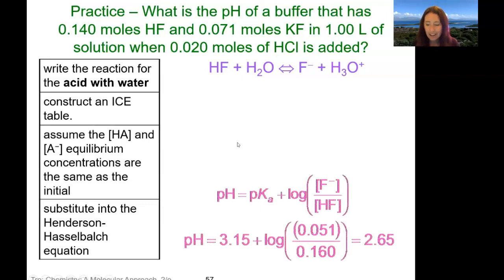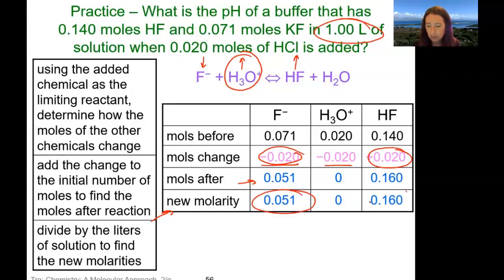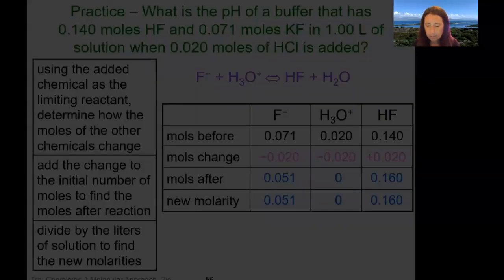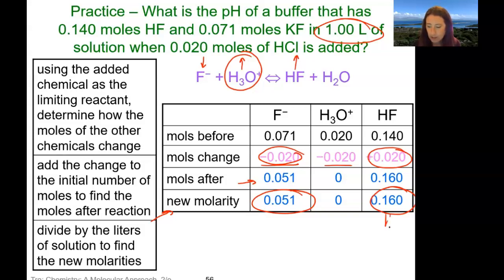So if you did that, and we look at our equilibrium here, here's our HA, and here's our A minus. So we have 0.16 and 0.051.